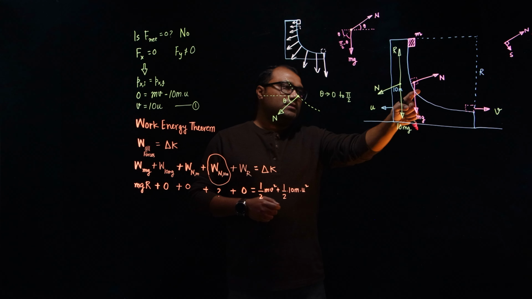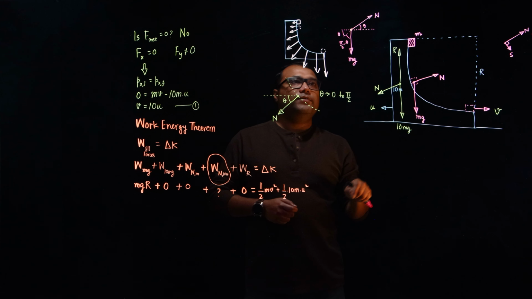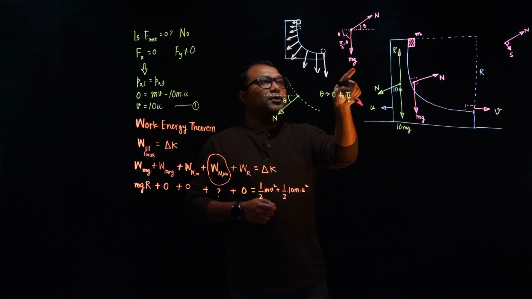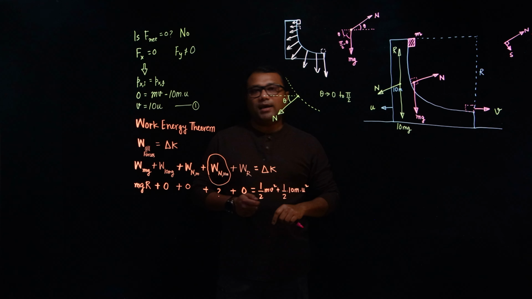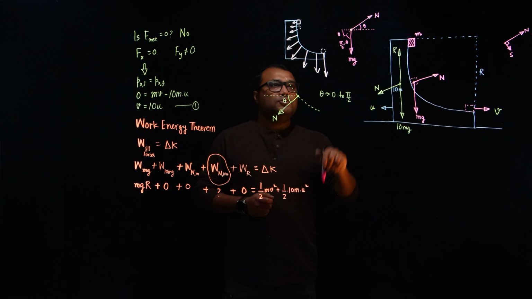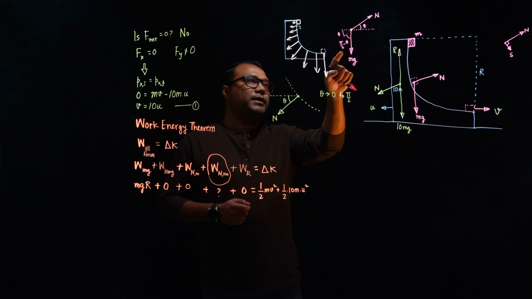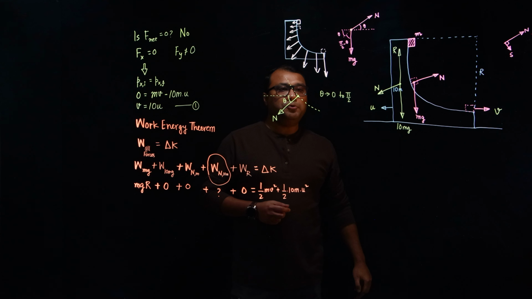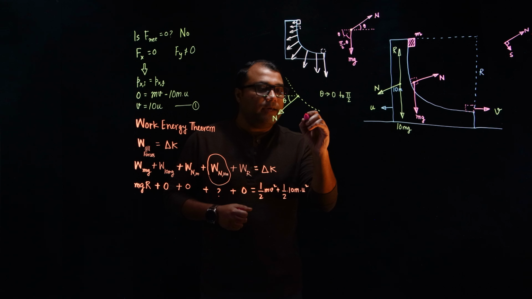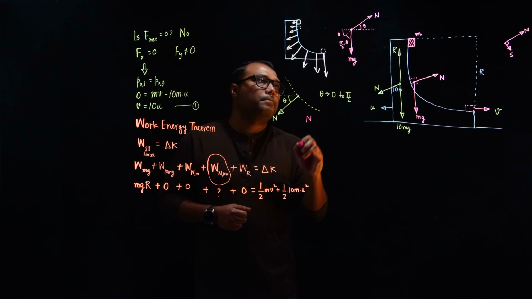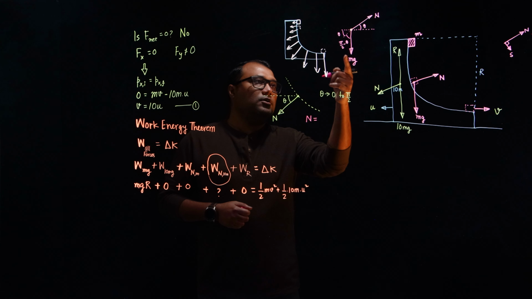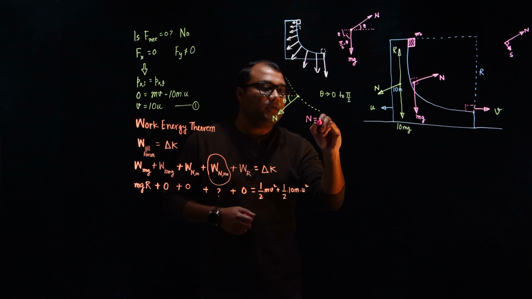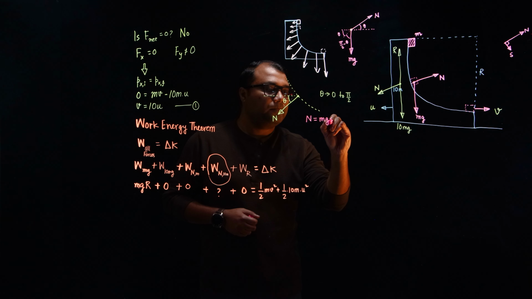Now this mass does not leave the surface, so the component of mg in the direction of N must be balancing that force. So mg cos(pi by 2 minus theta), which is mg sin theta, must be equal to N. Now then we can write N is equal to mg cos(pi by 2 minus theta), or we can write mg sin theta.